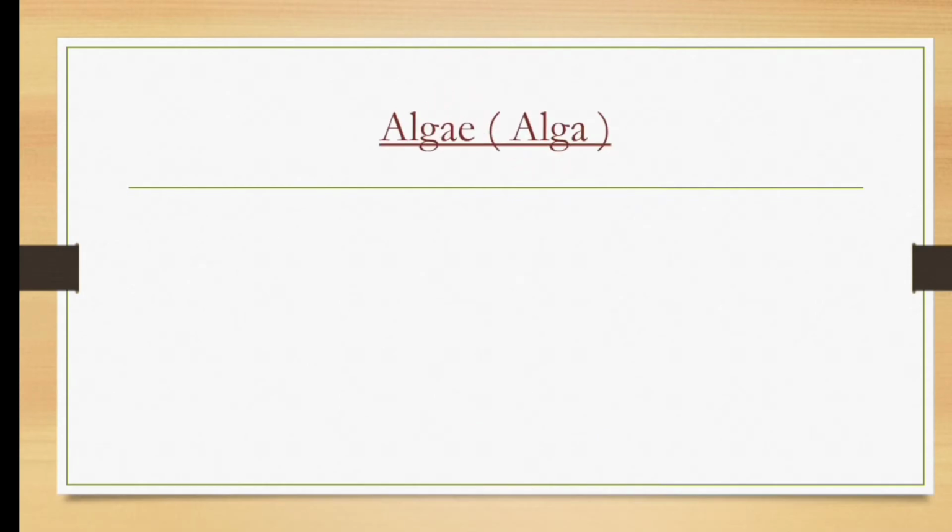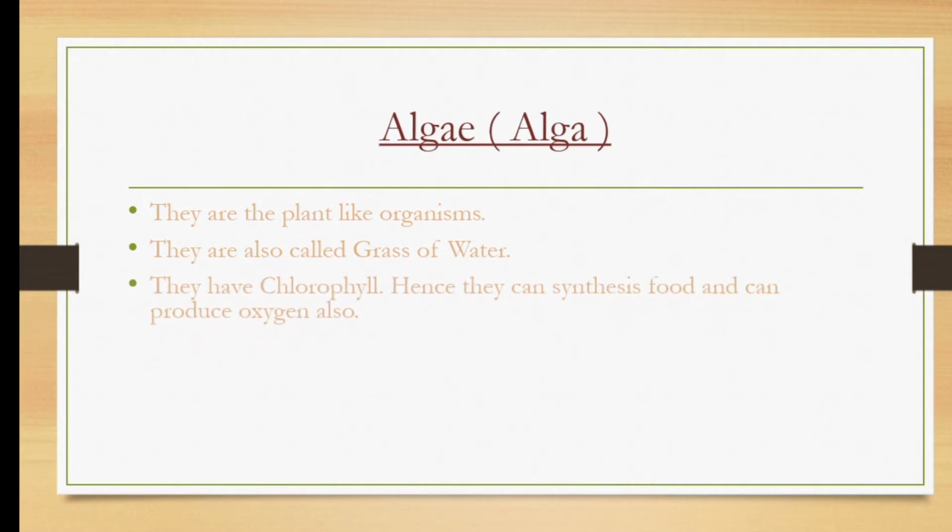Next comes algae, whose singular form is alga. They are plant-like organisms. They are also called grass of water. They have chlorophyll in them, hence they are capable of synthesizing food and also producing oxygen.